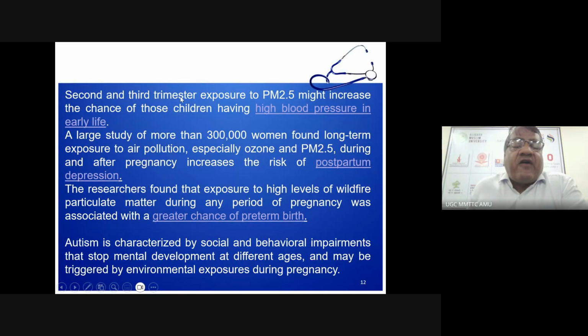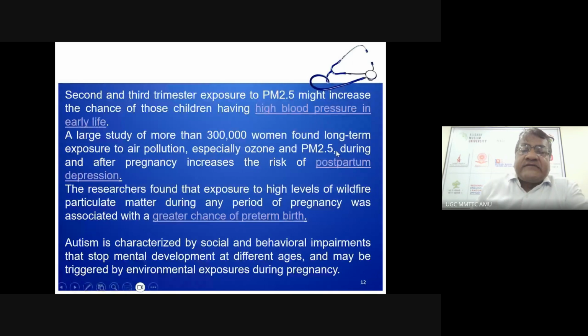So this is found in the research that the second and third trimester exposure to the PM 2.5 might increase the chances of those children having high blood pressure in early life. A large study of more than 3 lakh women found long-term exposure to air pollution, especially ozone and PM 2.5 during and after pregnancy increase the risk of postpartum depression.